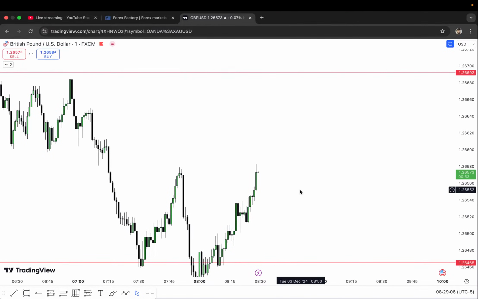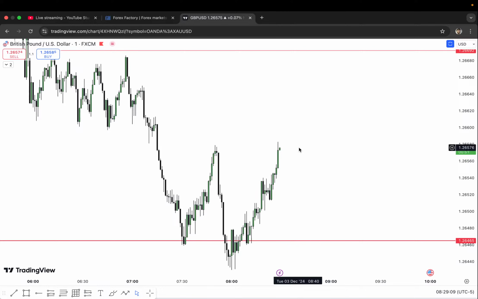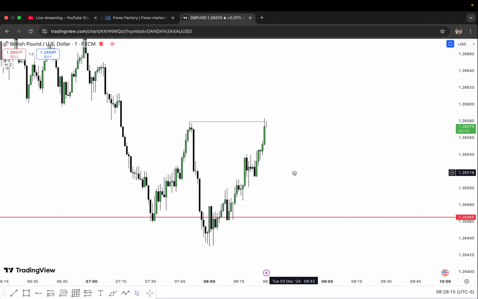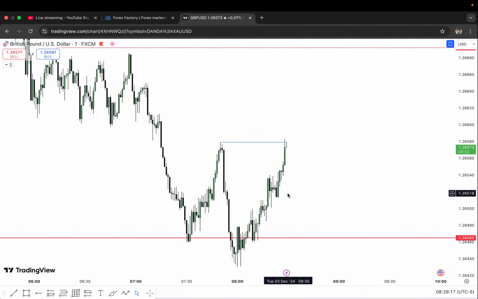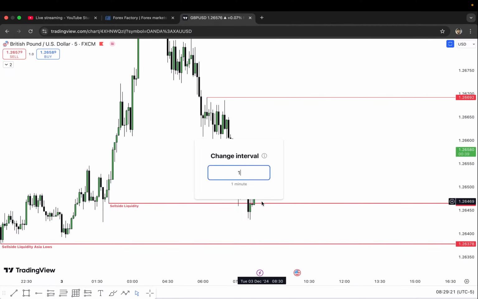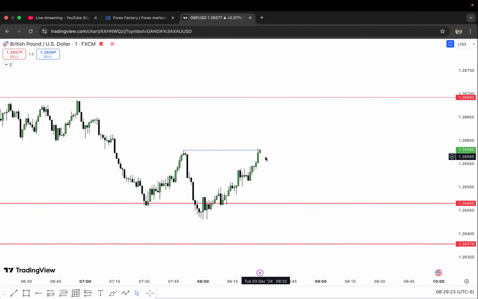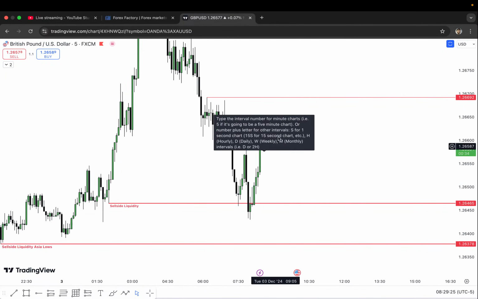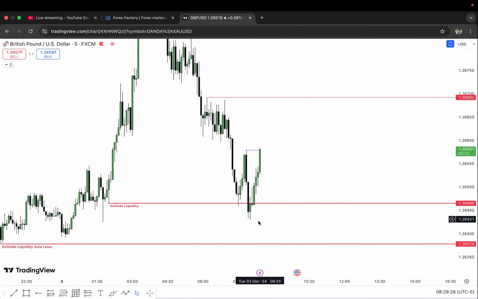GU is going for, okay, we attacked this high. Something is not right here. You see the up move here. I'm personally not liking how we are engineering these lows.